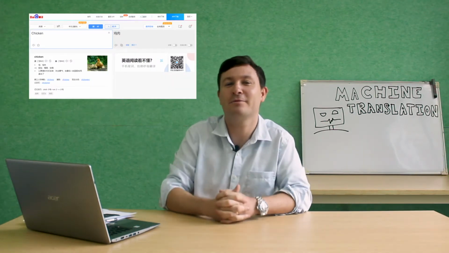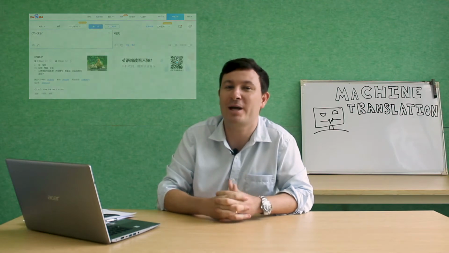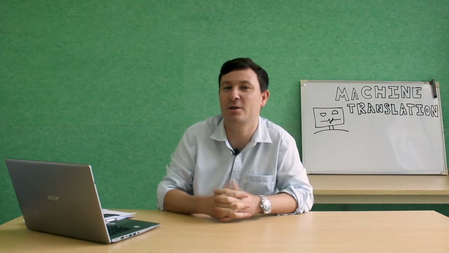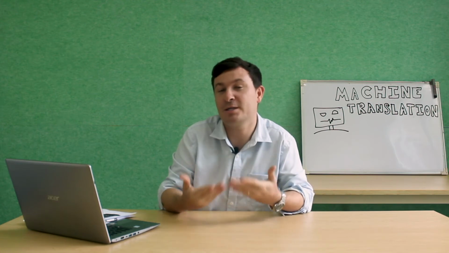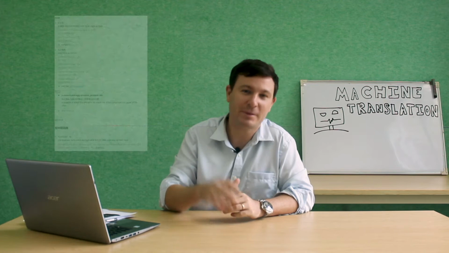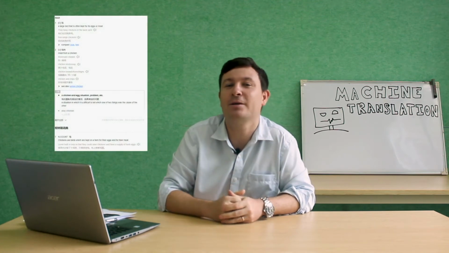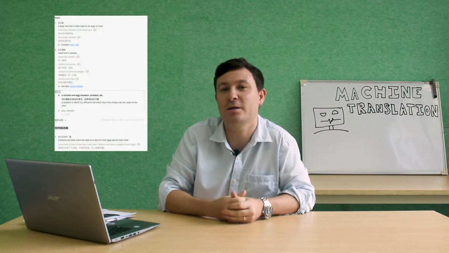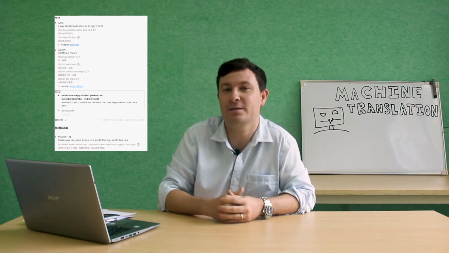Here is an example from Baidu, the Baidu translation app that my students love to use. Of course, you use this as a translator, but also it offers the dictionary feature. If you scroll down on your app, you can see the definition for the words as well as example sentences.